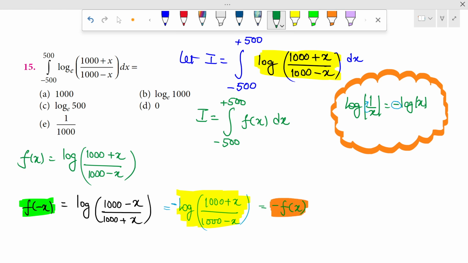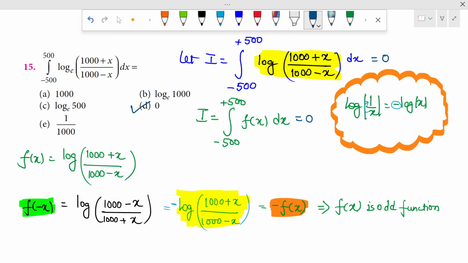Which function is this? Yes, that is an odd function. This implies f(x) is an odd function. And now if f(x) is an odd function, can you tell me what will be the value of this integration? The value of this integration is 0. That means the answer to this is 0, option D.